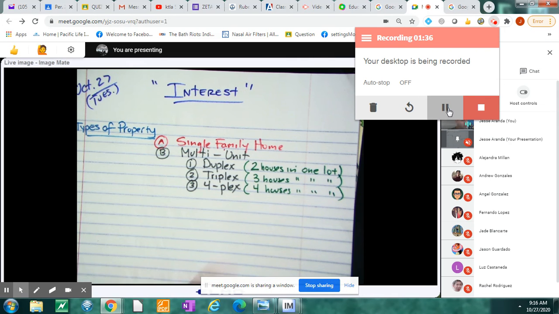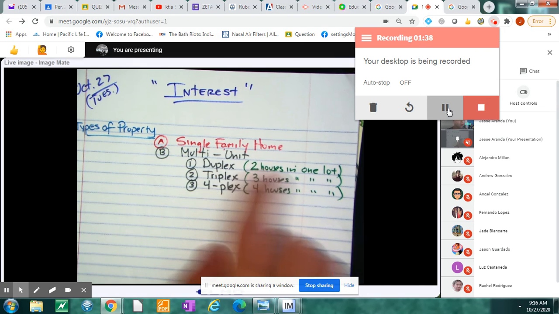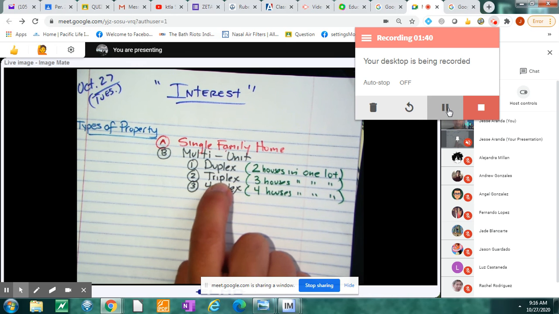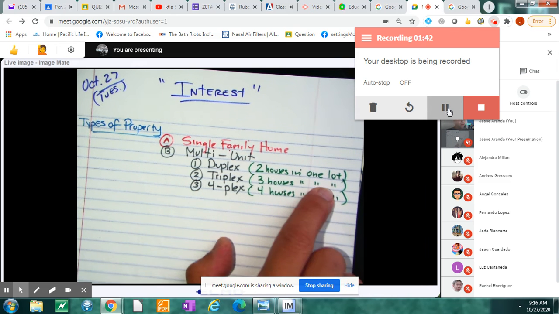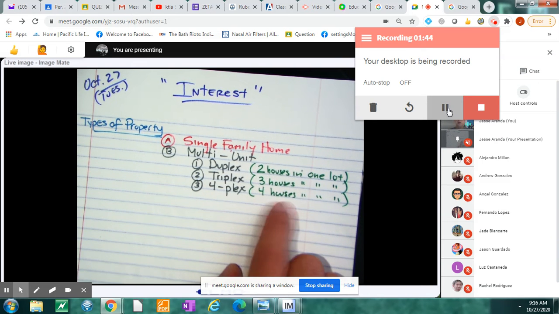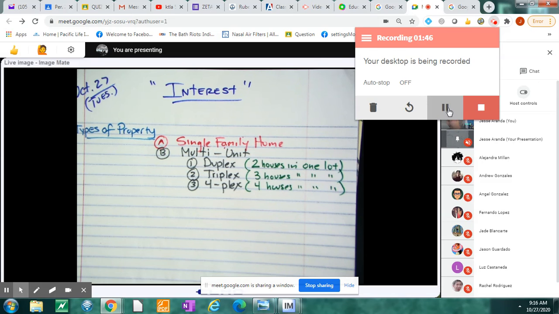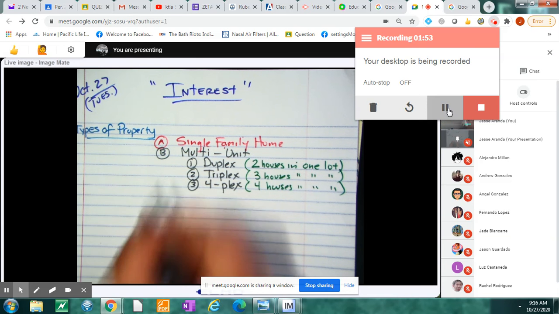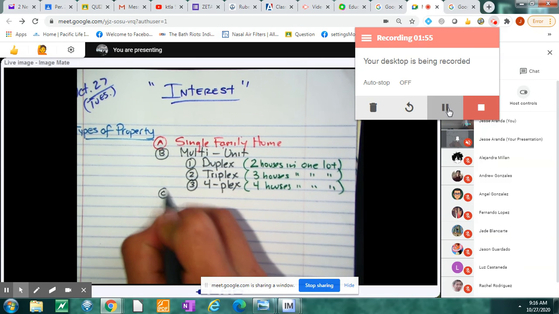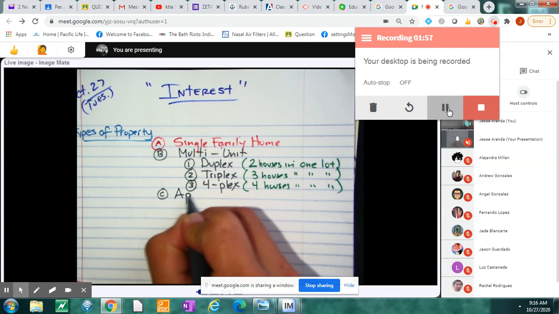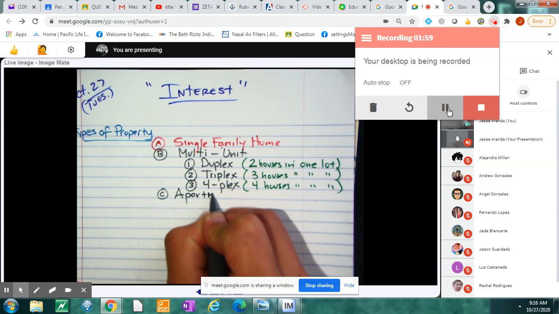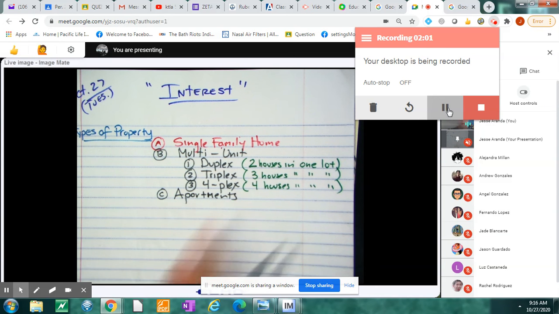All right, so as you mentioned, a duplex is 2 houses in one lot. Triplex is 3 houses in one lot. Fourplex is 4 houses in one lot. After we talked about that, we talked about what? Apartments. Even though those are multi-units, apartments are apartments.